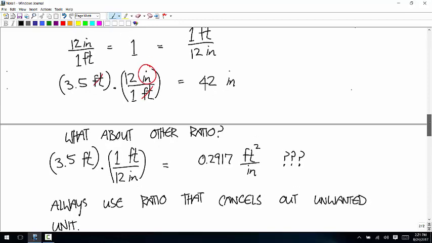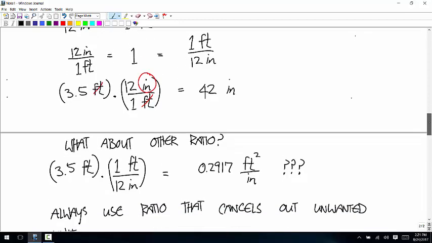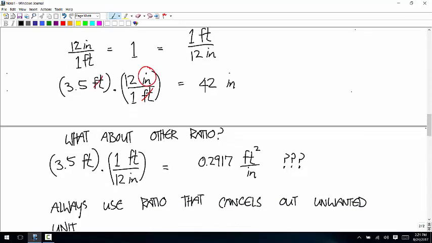So let's go back to that original problem and see how that worked. Based on that equivalence, we have two possibilities, 12 inches over 1 foot, or 1 foot over 12 inches. Our given quantity has feet in the numerator. The number is multiplied by feet, it's not divided by feet.